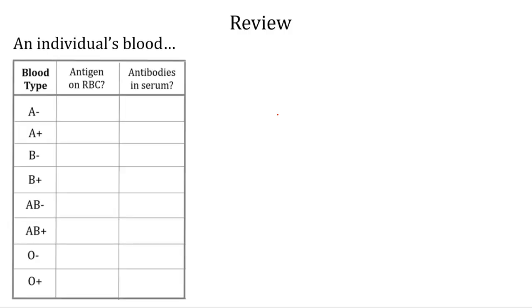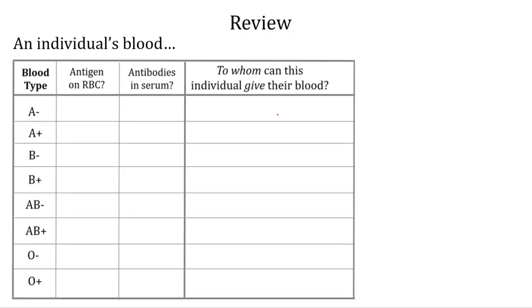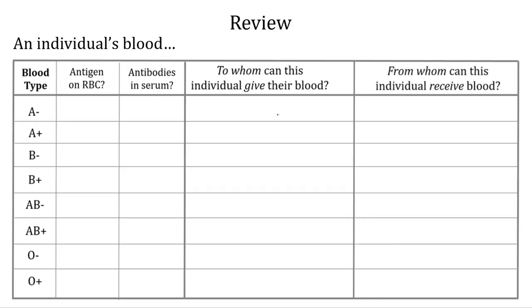Okay, just to wrap it up here at the end, we're talking about blood type. This is a great review table that you can work through, and I'll just do the first one for you, but I do highly recommend you work through it, okay? Antigens on the red blood cells. So somebody that has type A blood, type A minus, they would have A antigens. Somebody with A positive blood, they would have A antigens. They would also have the Rh factor. That's what makes it positive.